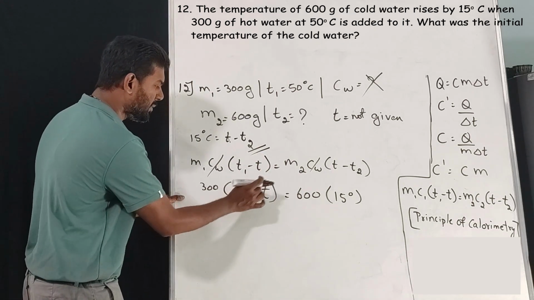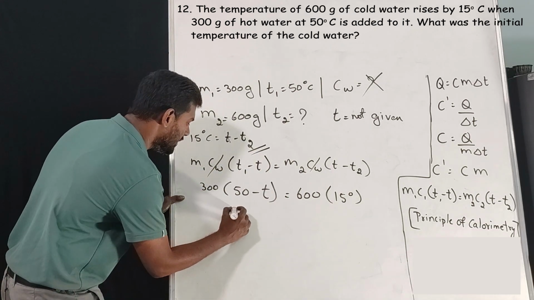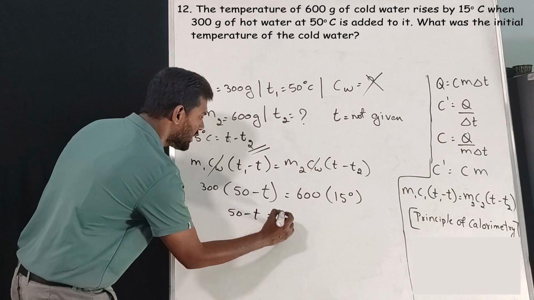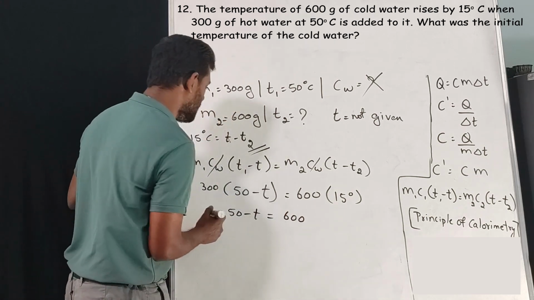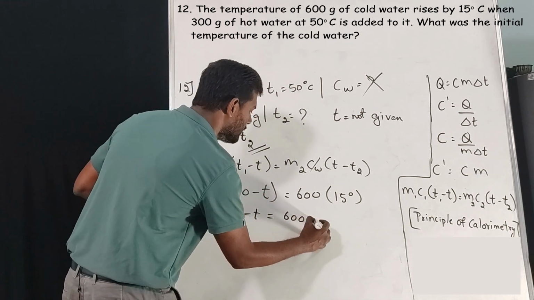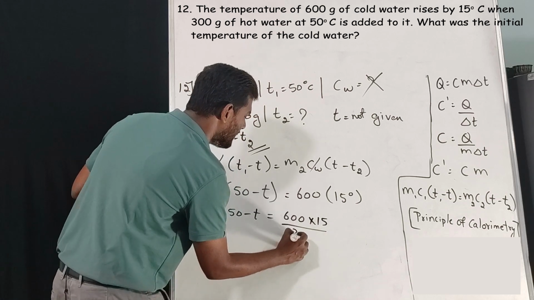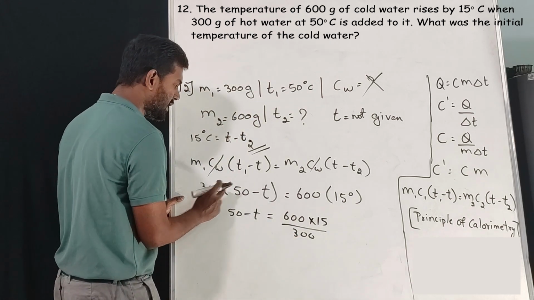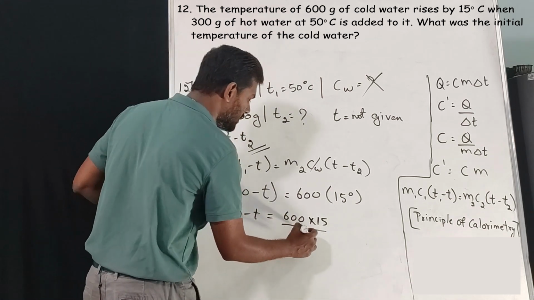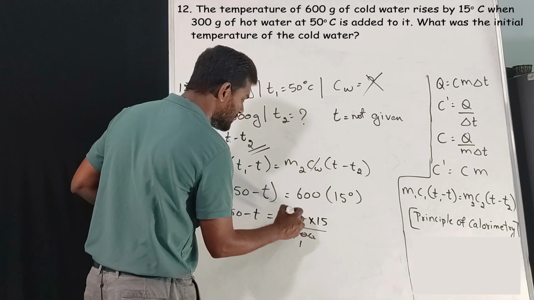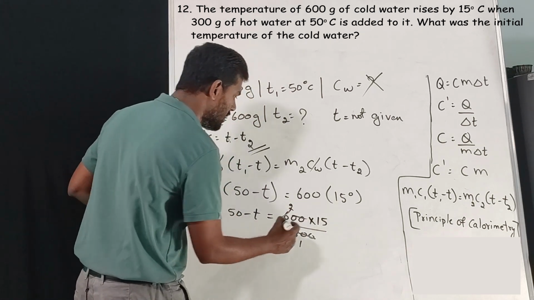Now instead of multiplying these two, I'll send this to the other side initially. So on this side, 50 minus T is equal to 600 into 15, and this multiplication will become division when you send it to that side. 2 zeros, 2 zeros, 3 ones are 3, 3 twos are 6.